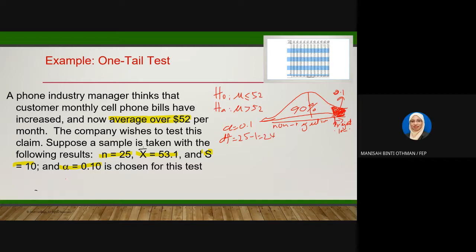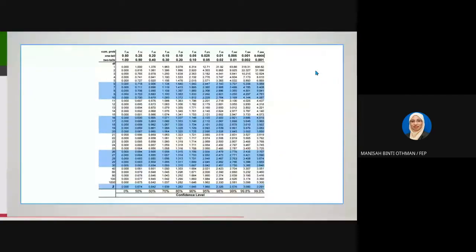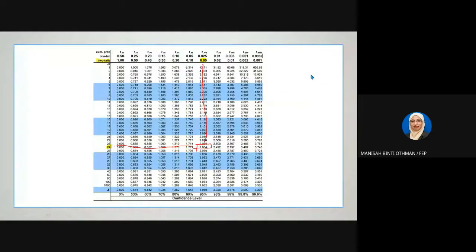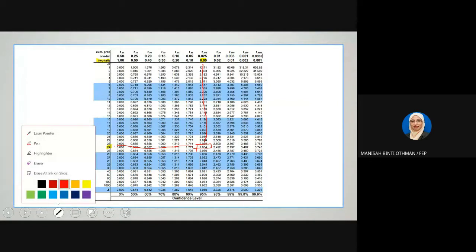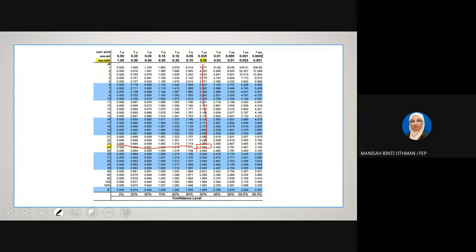So one tail, 0.1 here, and n is still the same, 24.